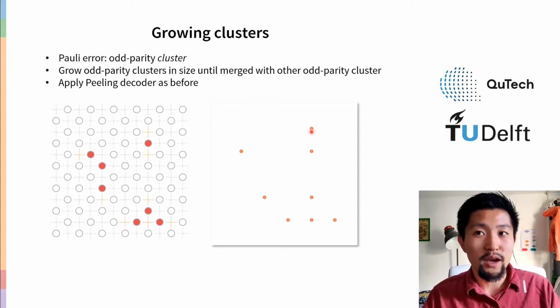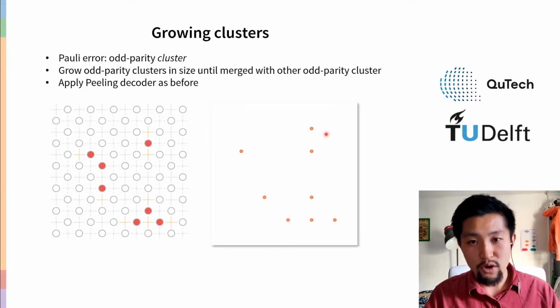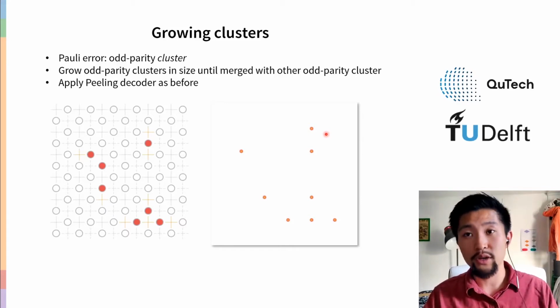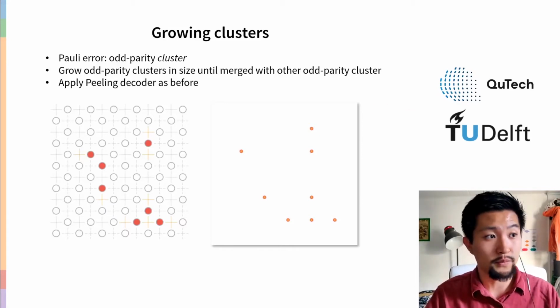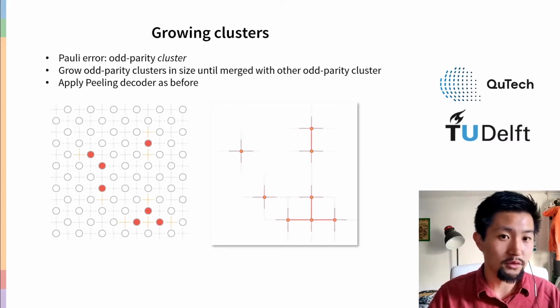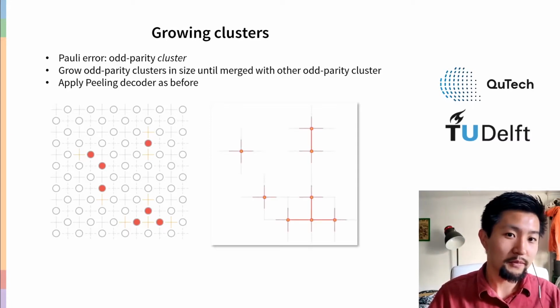And what the union-find decoder does is to grow these clusters in size until they are merged with another odd parity cluster, at which point you have an even parity erasure, and you can apply the peeling decoder just as before. So we have a visual to demonstrate this.